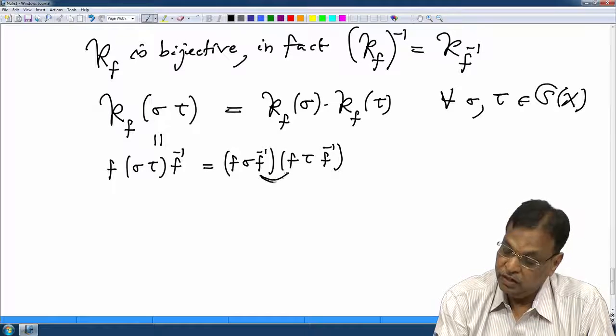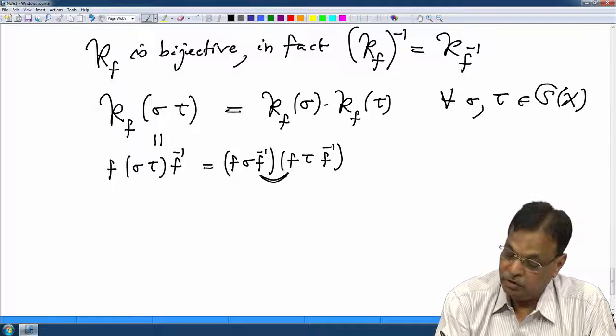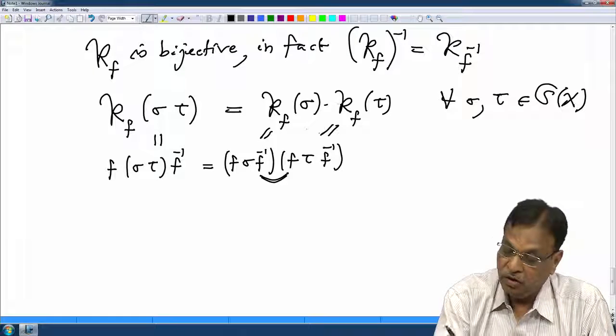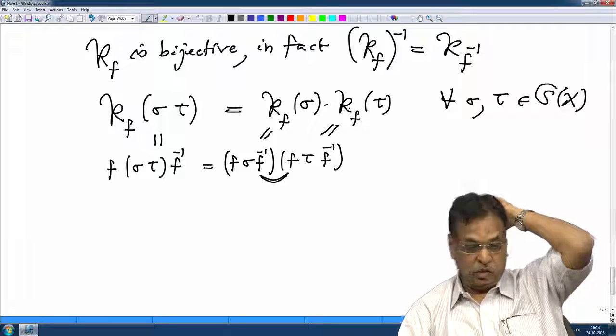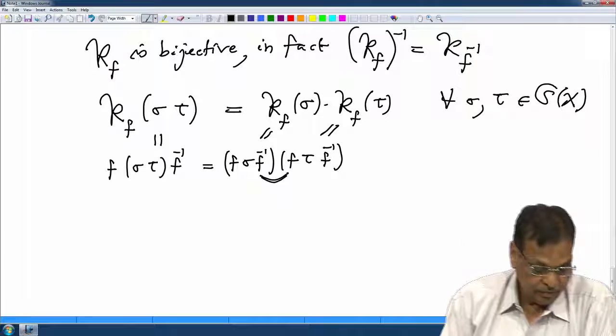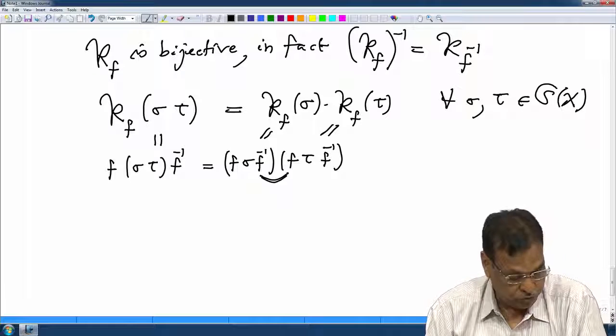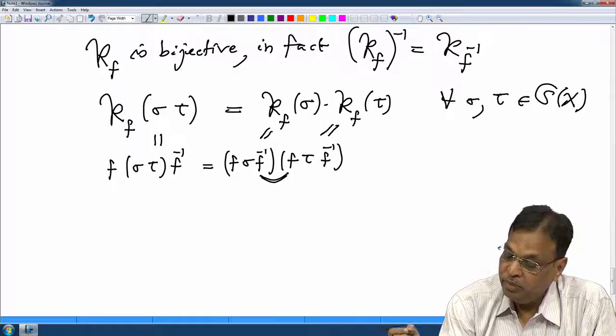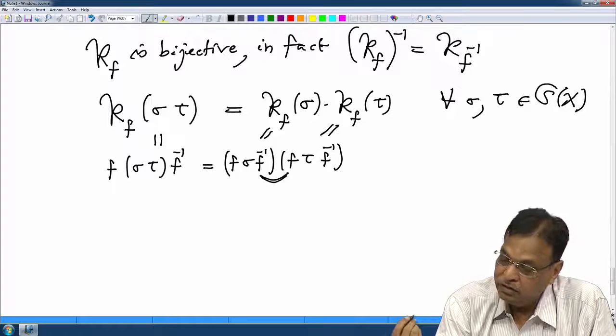This is the identity. So this one is this and this one is this. Therefore, it respects the structure. So it is a group homomorphism, it is bijective already, so it is a group isomorphism.